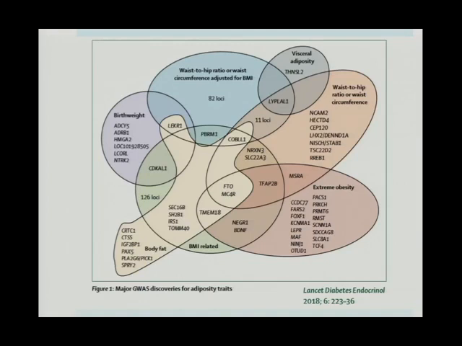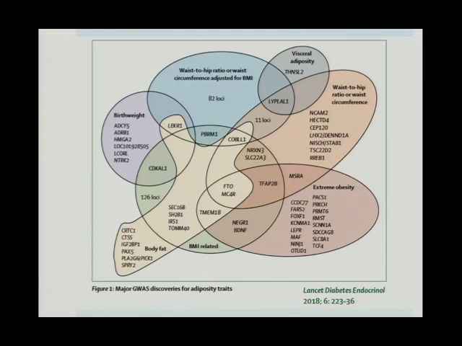So since 2007, genome-wide association studies for BMI, waist-to-hip ratio, and lots of other adiposity traits have identified more than 300 single nucleotide polymorphisms related to obesity. And I thought this was an amazing Venn diagram.